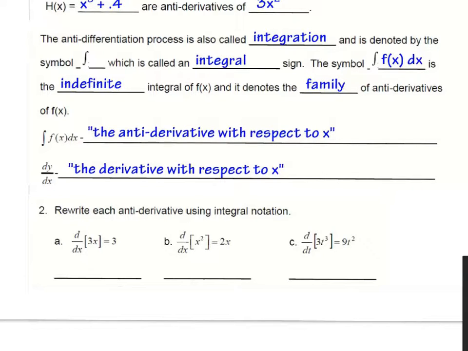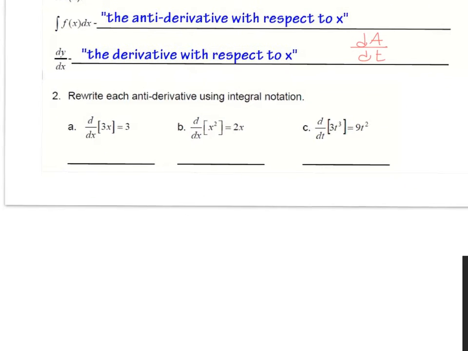When we got to related rates, it was the derivative of area with respect to time. So it matters what this variable is, in our case, this dx, because it's telling us we're going to be referencing the x variable.